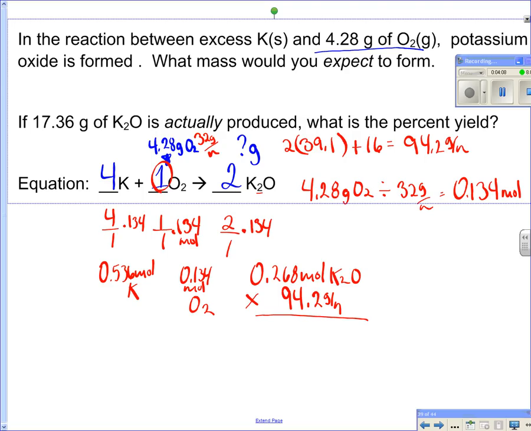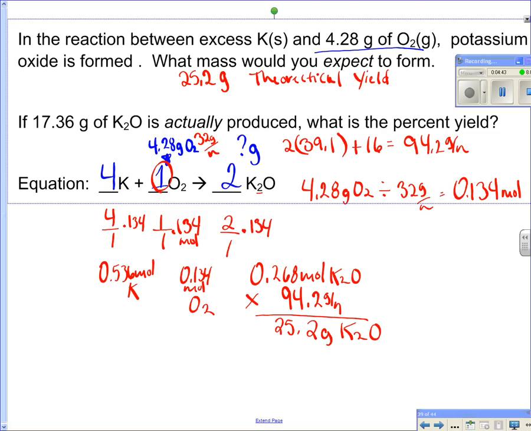And so I find that I'm going to form 25.2 grams of potassium oxide. So that gives me the first answer, 25.2 grams. That is my theoretical yield, because in theory, if everything was perfect, I should get that many grams of potassium oxide.